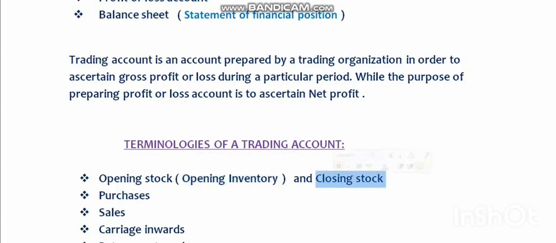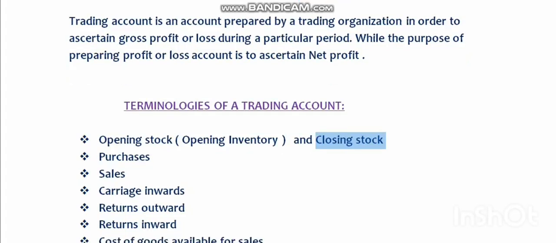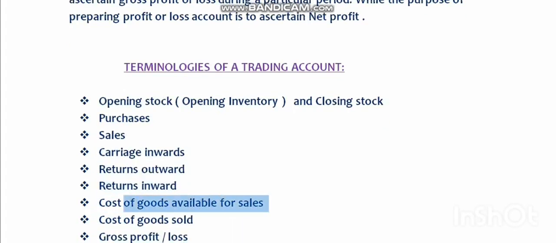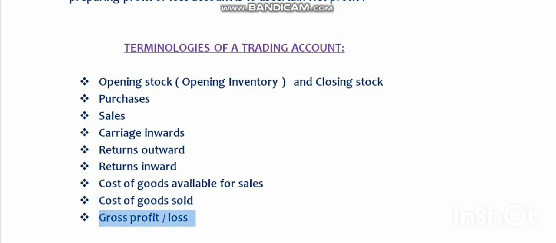So we have opening stock, purchases, sales, carriage inwards, carriage outward, return inward, then cost of goods available for sale, cost of goods sold, and gross profit or gross loss.